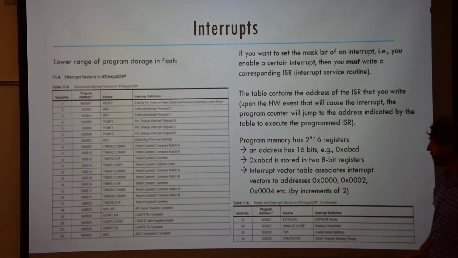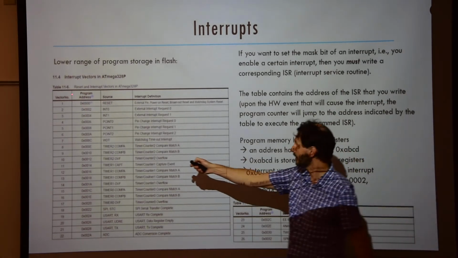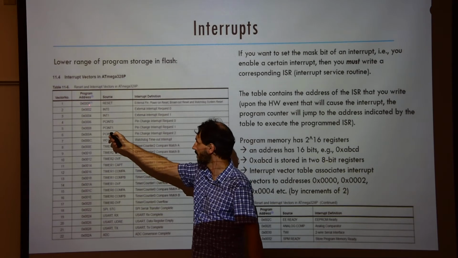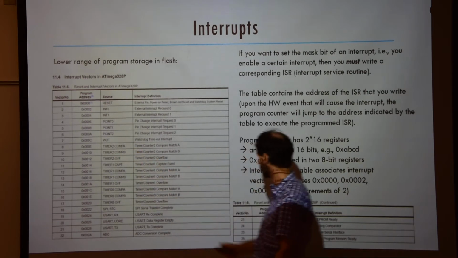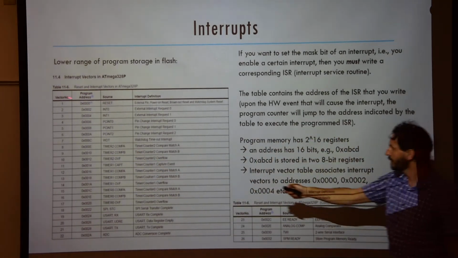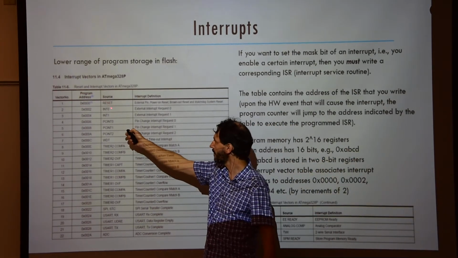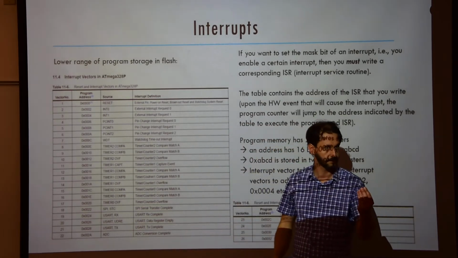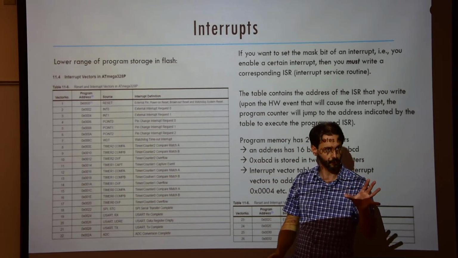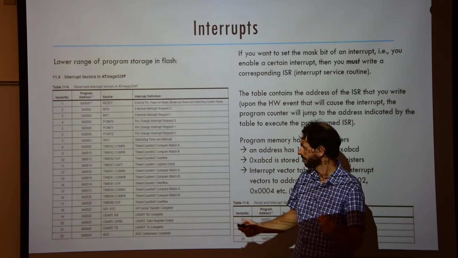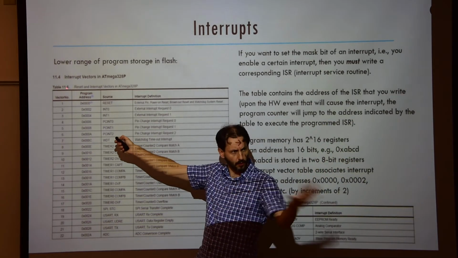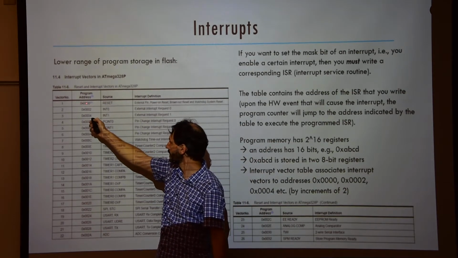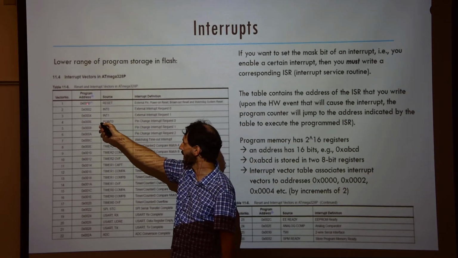What happens is that at these addresses in your program memory, the first address is all zeros, then you have address 2, 4, 6, and also address 1 and 3 and so on. At this particular address, if the hardware event called reset happens, the interrupt controller detects that, interrupts all the computation you're doing, and looks at this address to find out what is stored there.